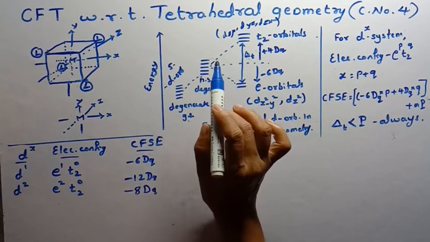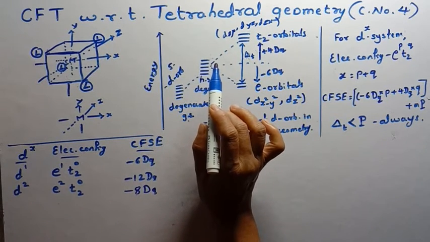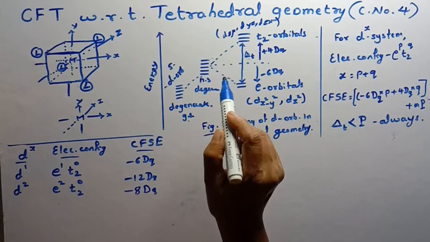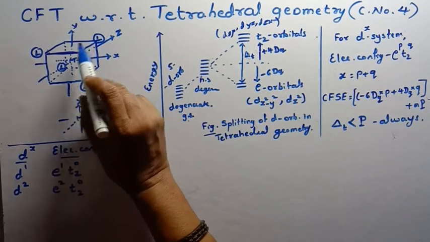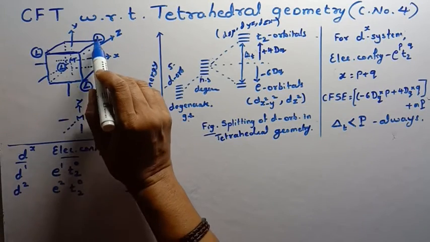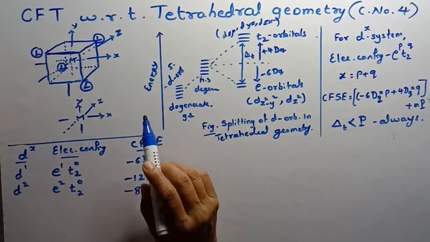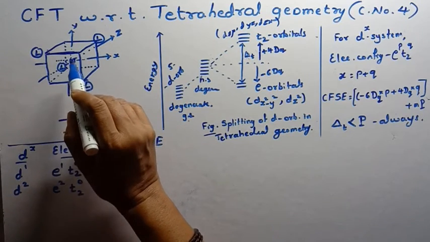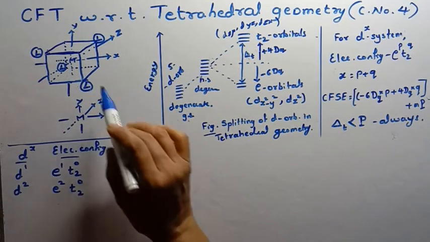Now imagine the ligand field is no more spherically surrounding the metal ion. Now it is concentrated at particular positions with respect to the metal ion in space, like this.